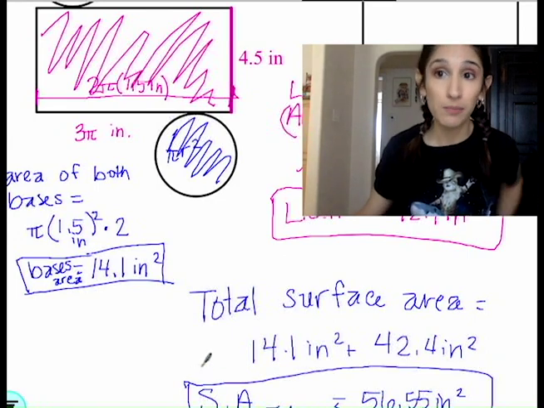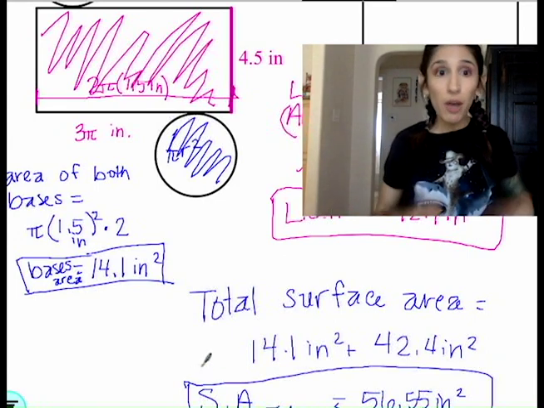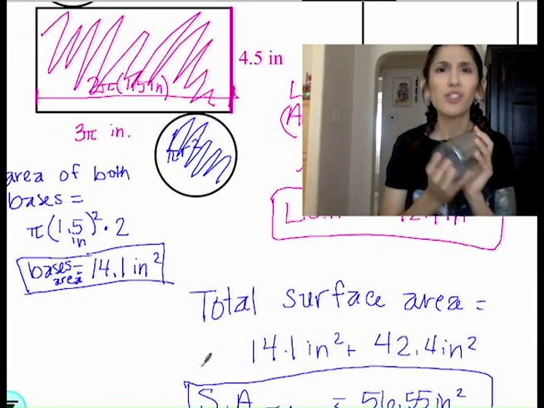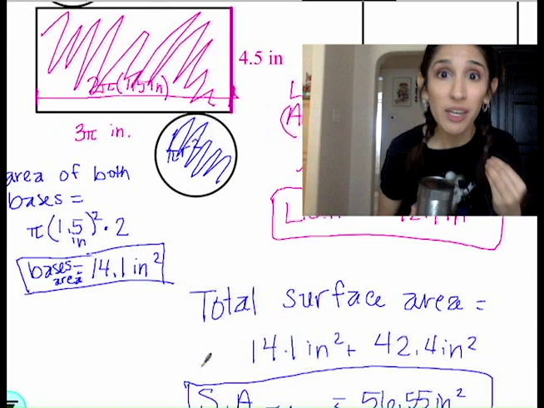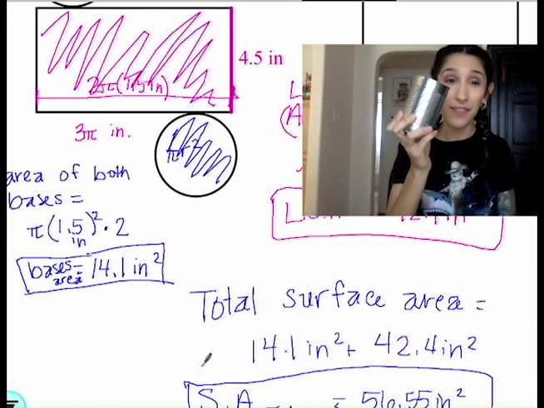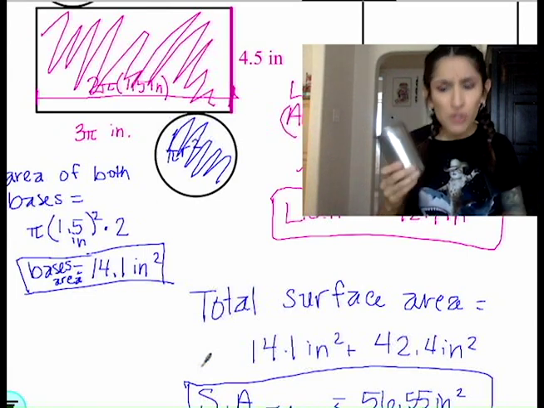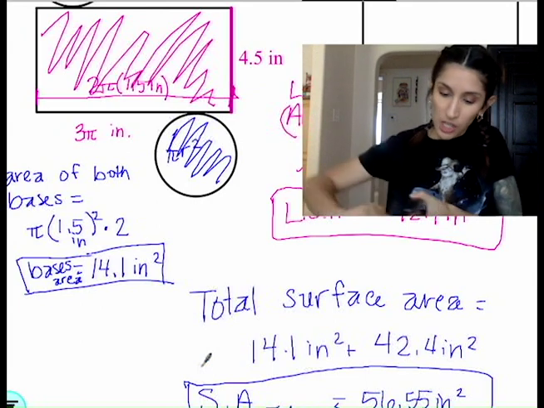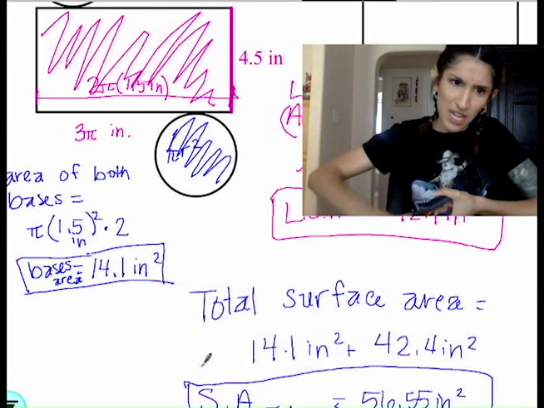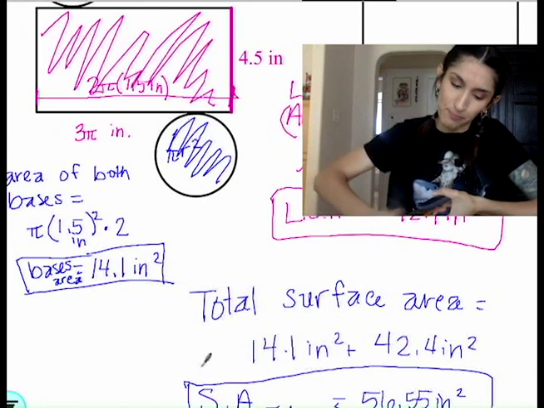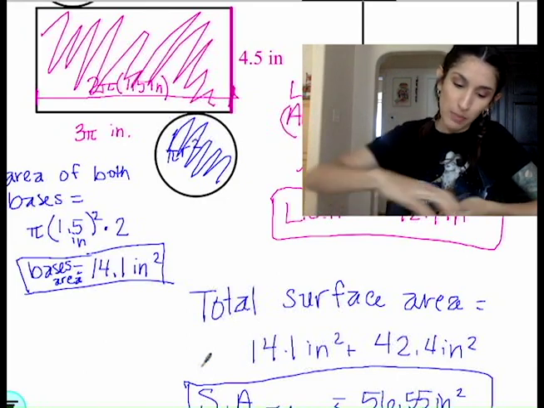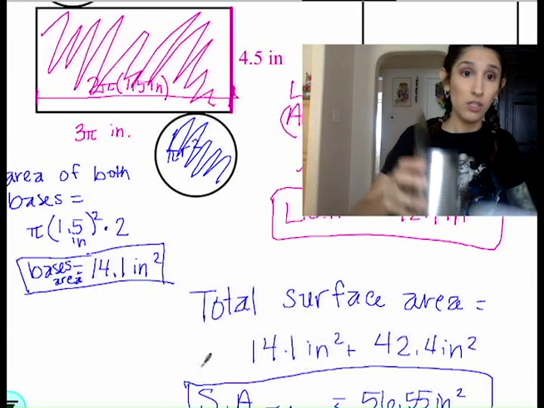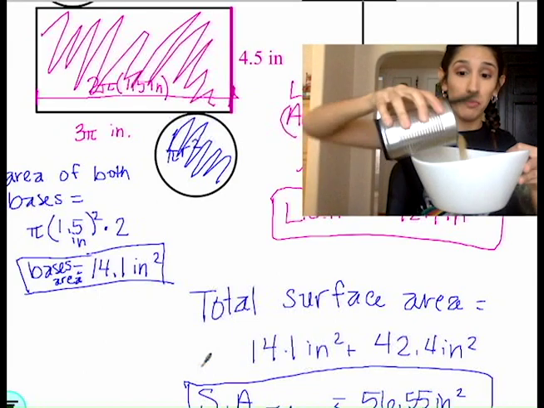Now if I'm thinking about volume, I have to think about all of the cubic inches I can fit inside of this can. And so to do that, I want to take this can apart a little bit. So I'm going to take this lid off, dump out my chickpeas into a bowl I've got handy.